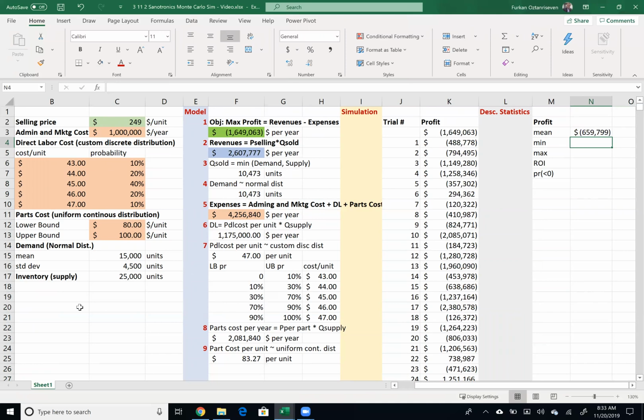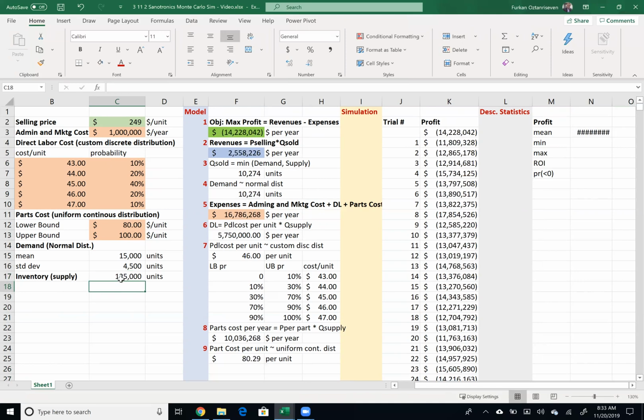Let me just do this. If I plug in here 125,000, does it change anything? Okay, I still lose money. So it looks like I'm losing money. I just want to make sure that I don't have any typo here.